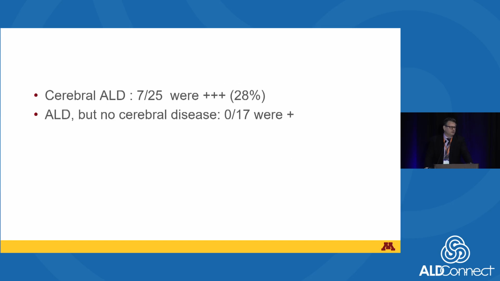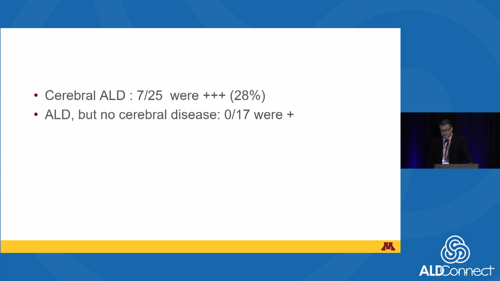As of 2 weeks ago, boys with cerebral disease were at a rate of about 28%. I think we're now at about 40% of the boys that we've looked at. So it's not everybody, but just under half have antibodies to MLC1. If you have ALD but no cerebral disease, 0 out of, I think we're up to about 25 now. So nobody had antibodies if you didn't have cerebral disease.